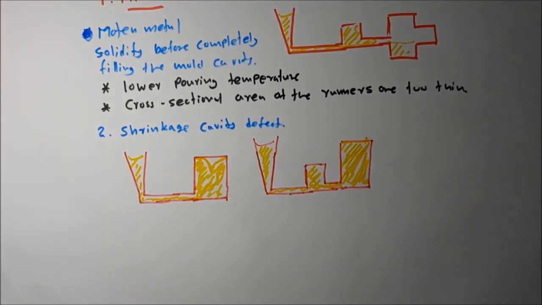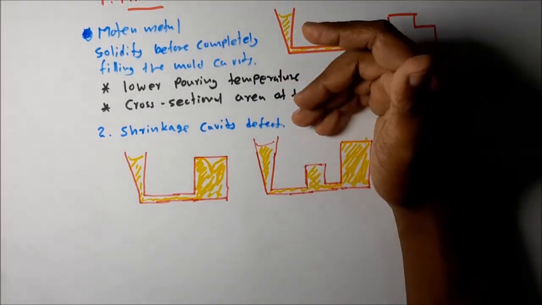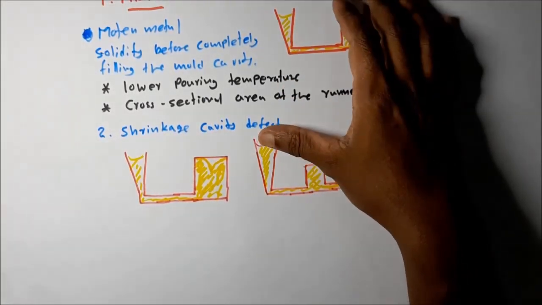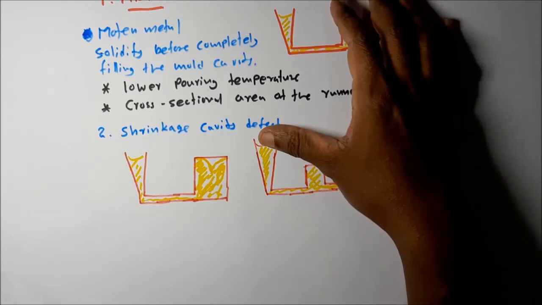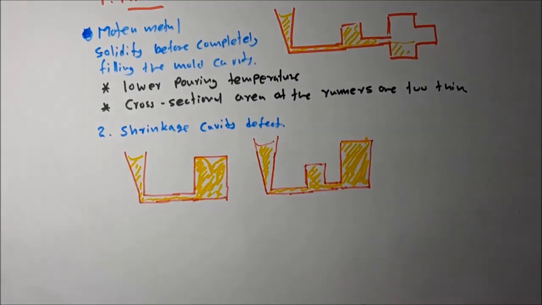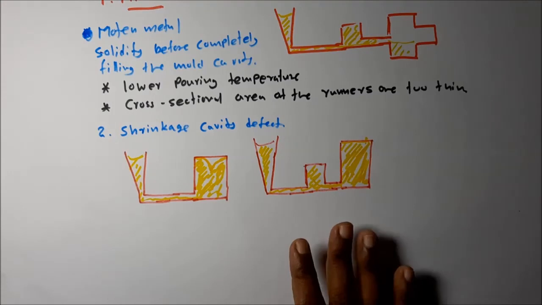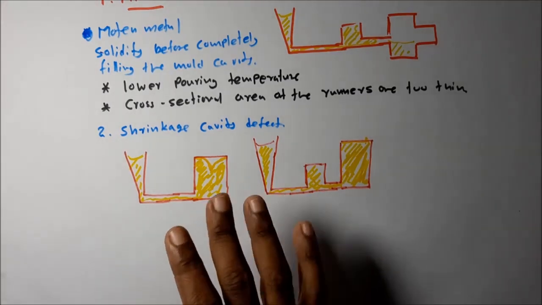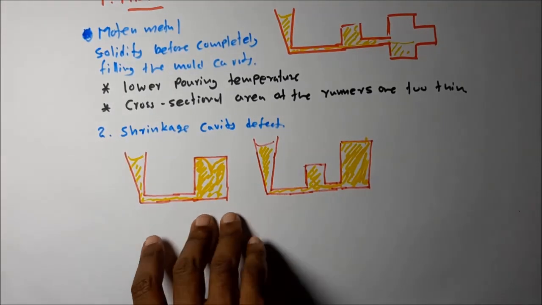Then next we are going to discuss... Here we are discussing only a few defects. There are a lot of defects, and we are not going to discuss all of them. The most common defects we are going to discuss. Okay, this is a common defect for all the casting operations.